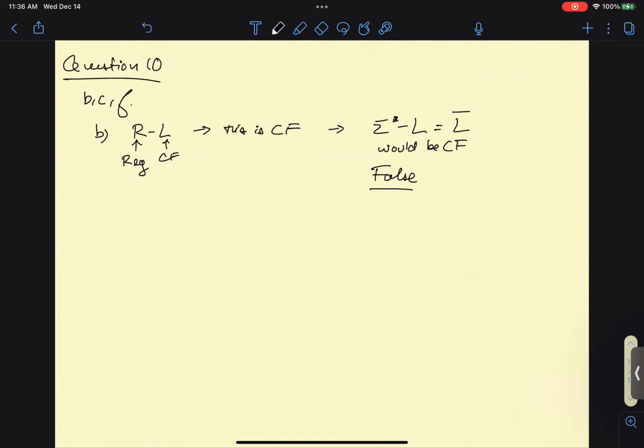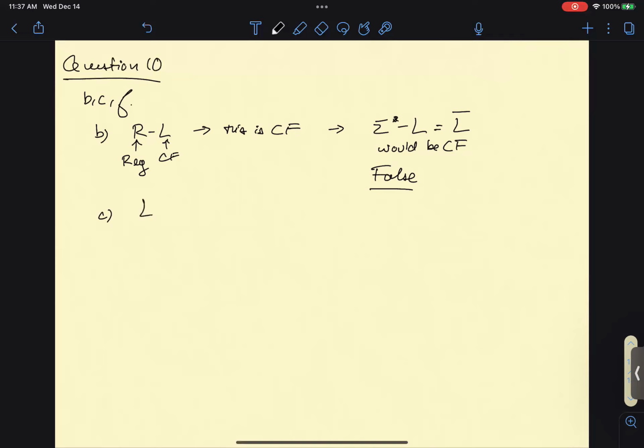So yes, the complement of a set is just everything that's not in that set, right? So it's everything in the universe except everything in that set. But in set theory, that's sigma star minus that set. Okay, good question.